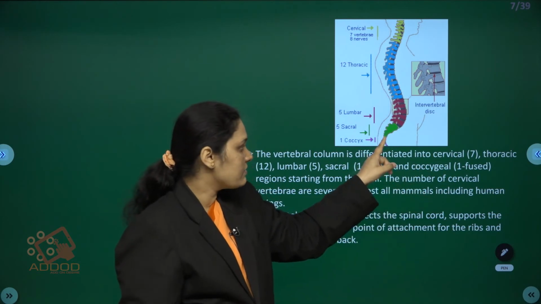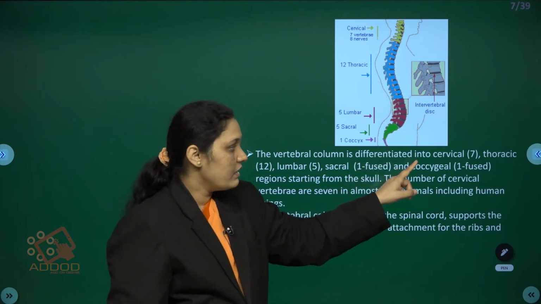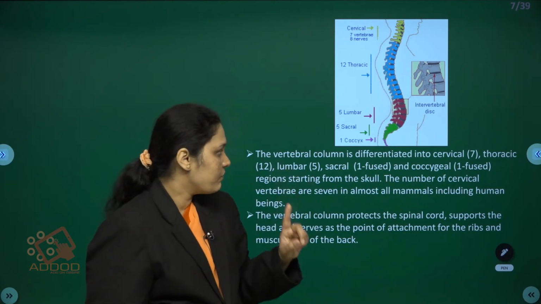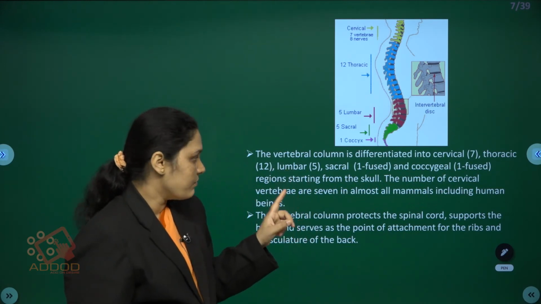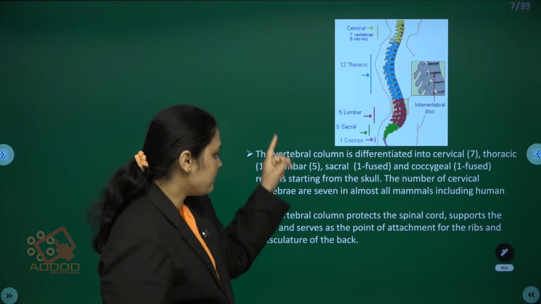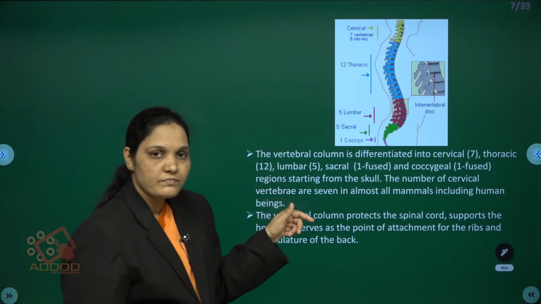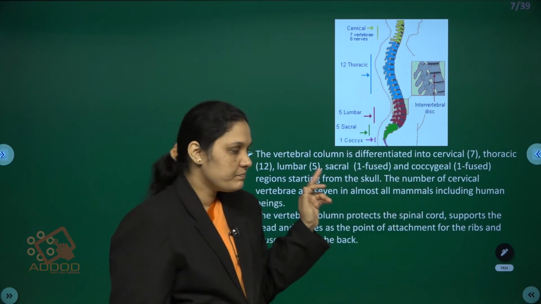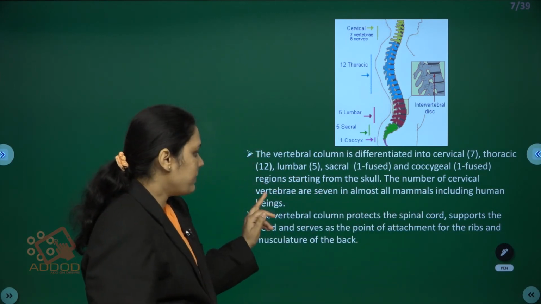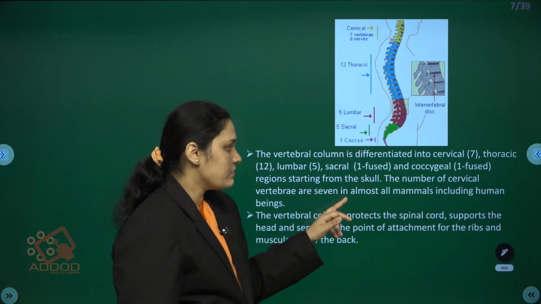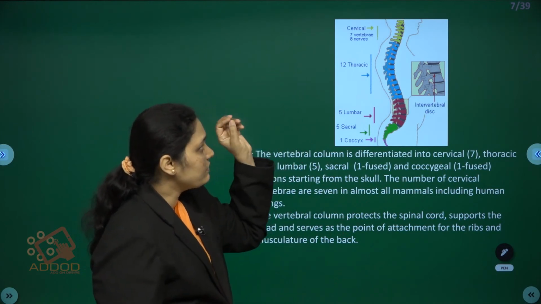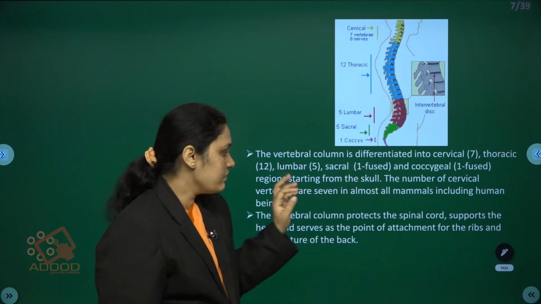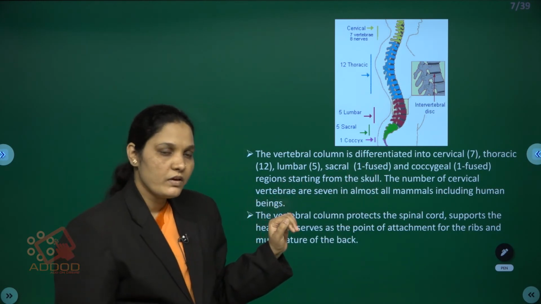The last one is coccygeal, also a fused one, where a few bones fuse to form one, called the coccygeal bone. They all start from the skull. The number of cervical vertebrae is 7 in almost all mammals, including humans.